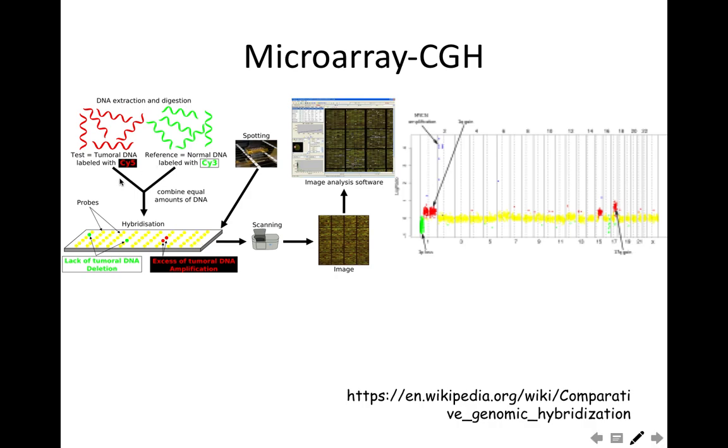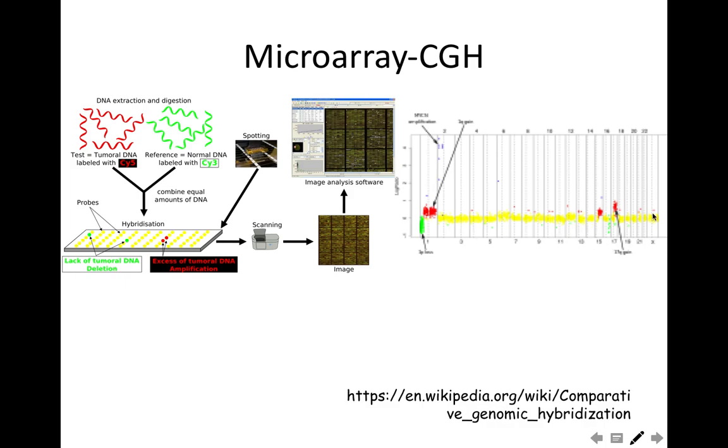If they hybridize to the probe and the signal appears yellow, which is a mixture of the red and green, this means that both of them are balanced. There is no gain or loss on these chromosomes. So this is chromosome 3, 4, 5, 6, 7, 8, 9, 10, 11, and so on.